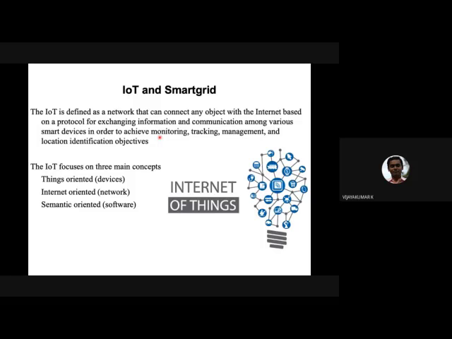Suppose I want information about any connected device; I can communicate with the end user, get the information from them, and also track how they are working, all from here.